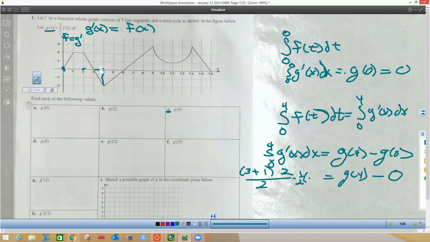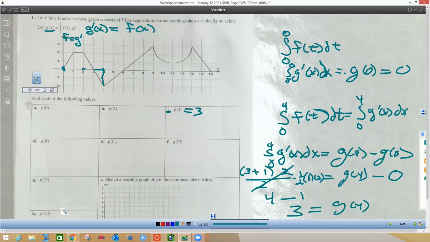The base of this is that 1, and the height of that is 2. So what that means is I got these 2's reduced out, and I got 4 minus 1, which is 3. G of 4 minus 0 is just g of 4. So there's my value. This value right here is 3. You follow where that came from?